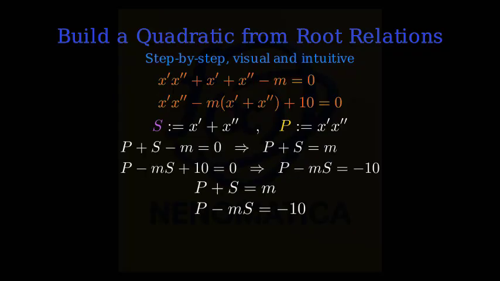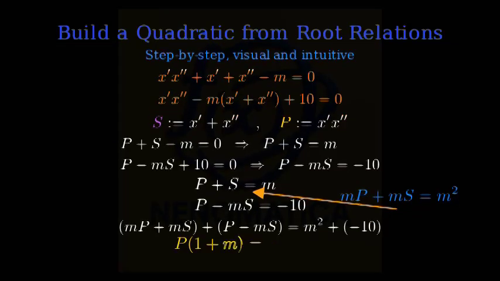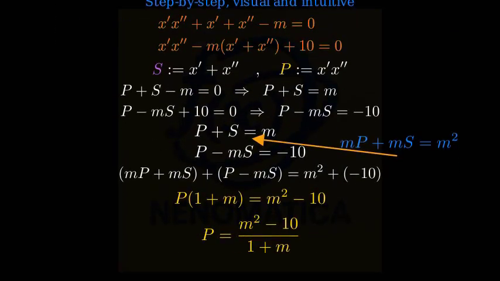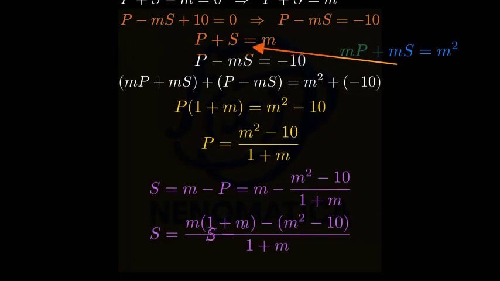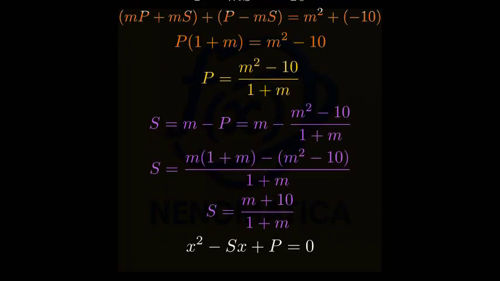First, multiply the top equation by m to prepare an elimination of S. Then add it to the second equation to eliminate S and solve for P. With P in hand, use P plus S equals m to find S. Substitute, and simplify carefully.